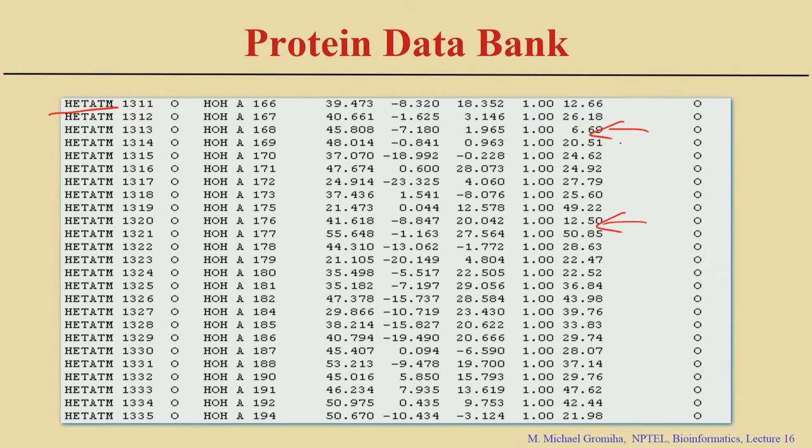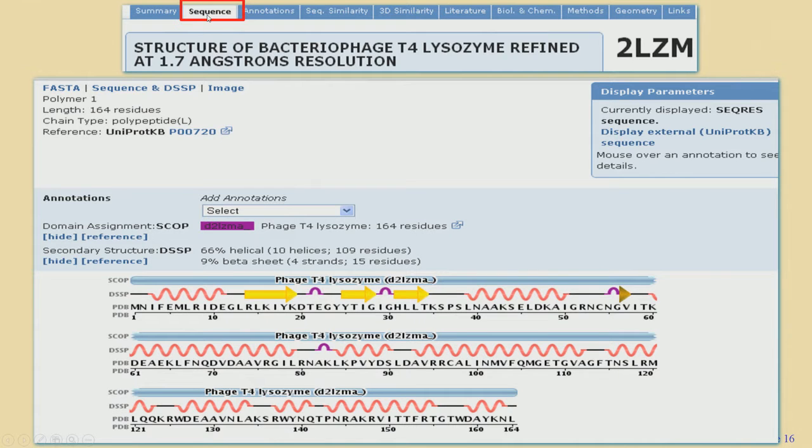So now we have the 3D coordinates. Now I will explain the various options available in the Protein Data Bank. First, we have the sequence. When you get the sequence information, you can see the amino acid sequence here. Earlier I showed the FASTA format; you can see the PDB here, as well as the secondary structure assignment. What is the meaning of these spirals?